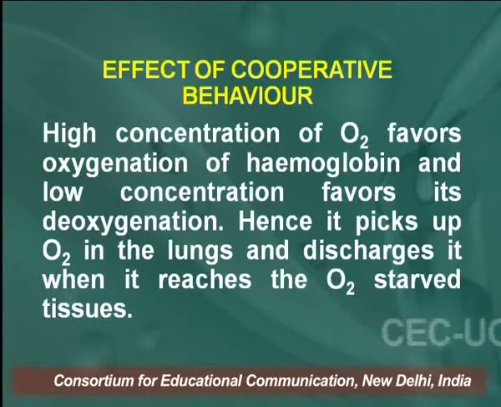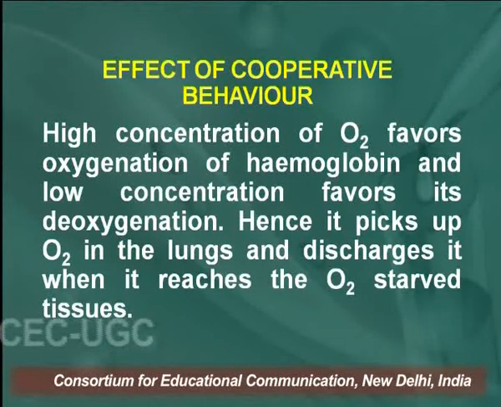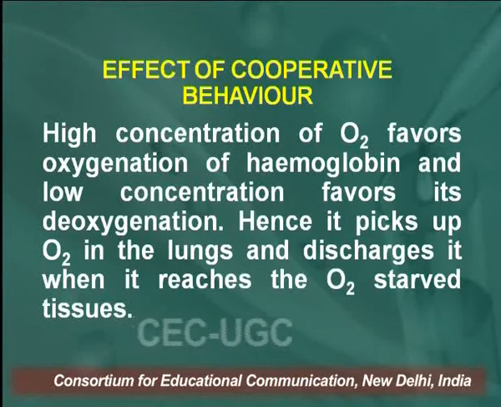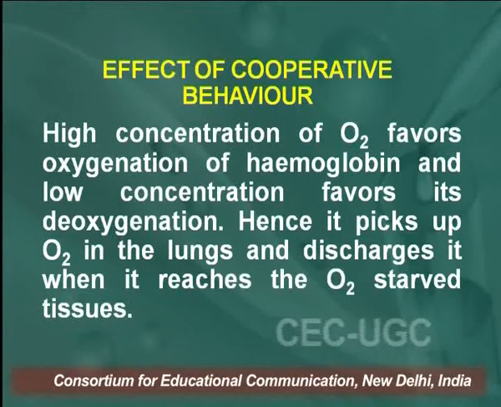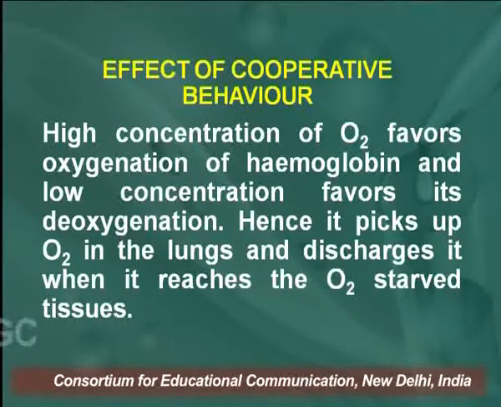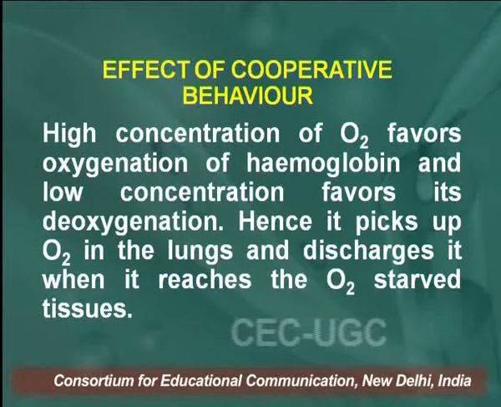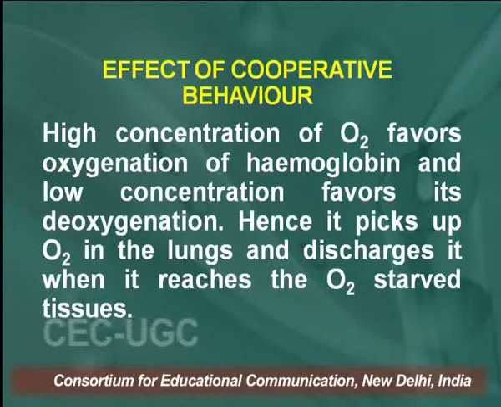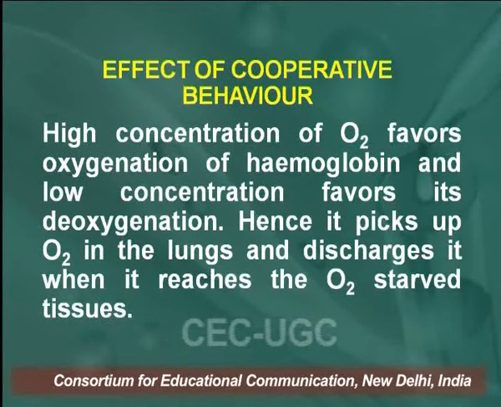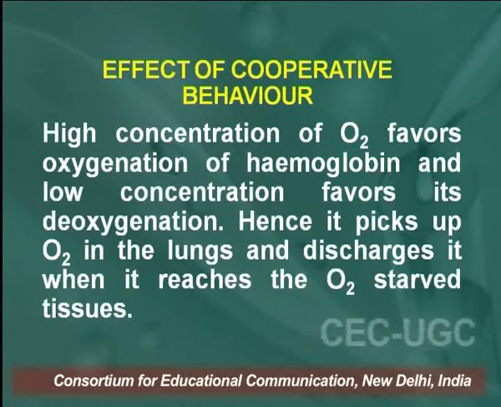Low concentration means in the tissues, when hemoglobin reaches the tissues, the concentration of oxygen is low, and hence deoxygenation of hemoglobin is favored. That means oxygen is released by hemoglobin in the tissues. Hence it picks up oxygen in the lungs and discharges it when it reaches the oxygen starved tissues.